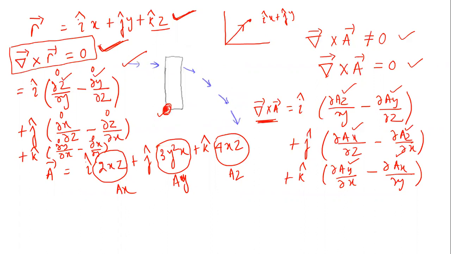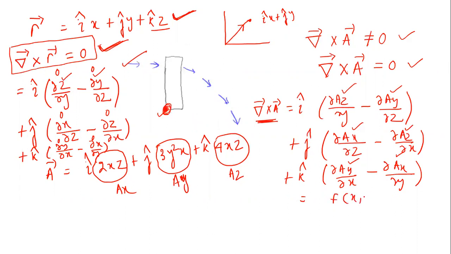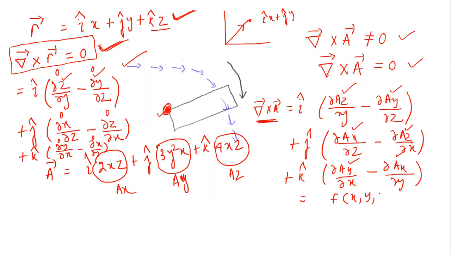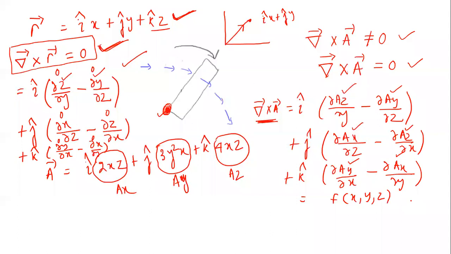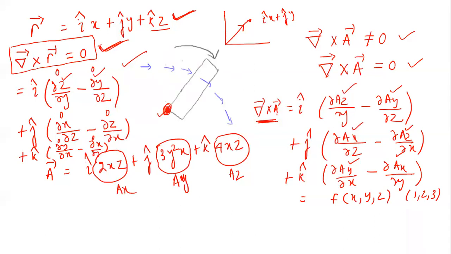Find the del cross A value from the function in terms of x, y, z, of course with i cap, j cap, k cap there, because it's a vector. Then substitute the value of x, y, z, suppose the point 1, 2, 3, and determine del cross A.